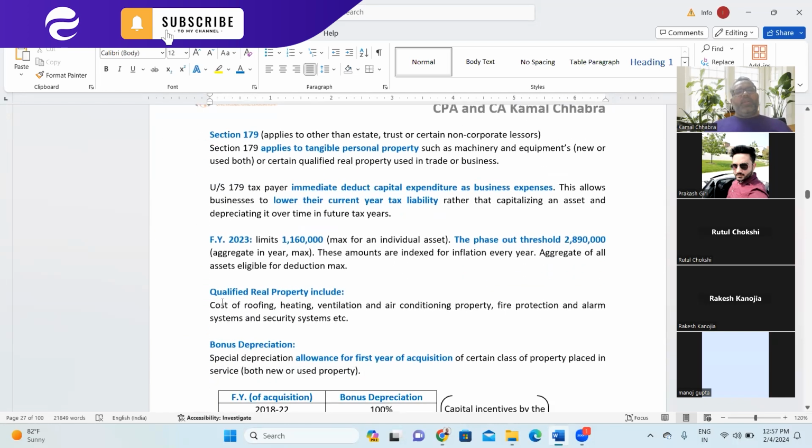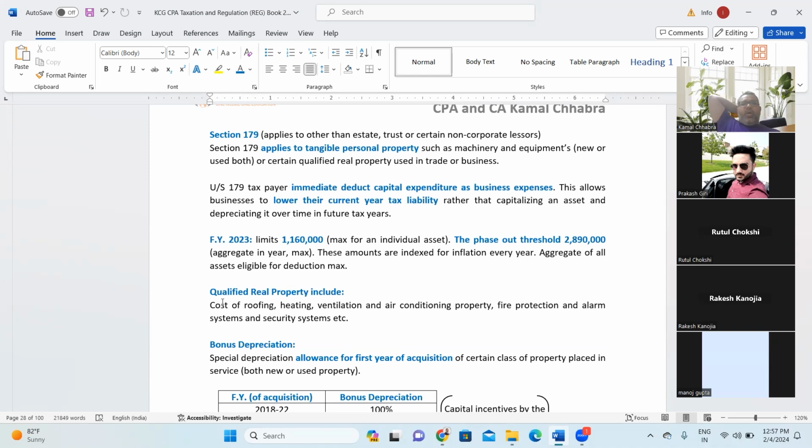Next is Section 179. This is for additional depreciation basically. It applies to other than estate, trust, or certain non-corporate lessor. Section 179 is additional depreciation which is not applicable to the estate, trust, or certain non-corporate lessor.